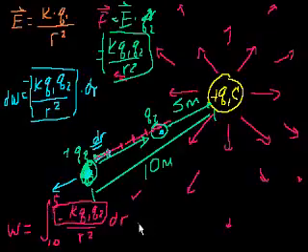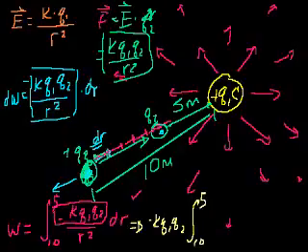So this is the same thing as minus k q1 q2 times the integral from 10 to 5 of 1 over r squared, or r to the negative 2, dr. And that equals minus k q1 q2.